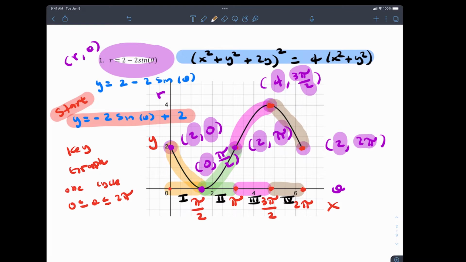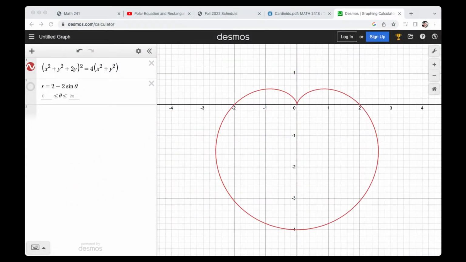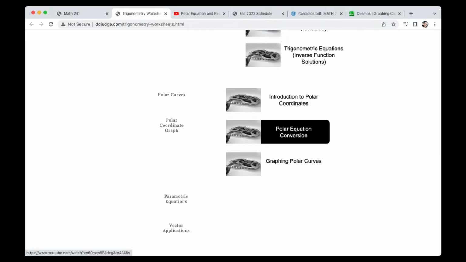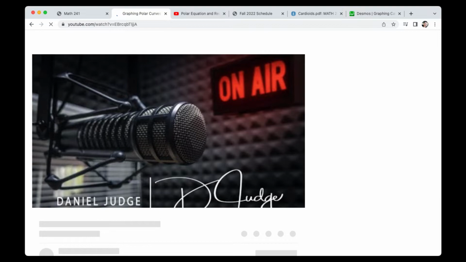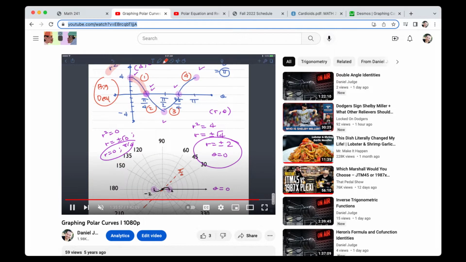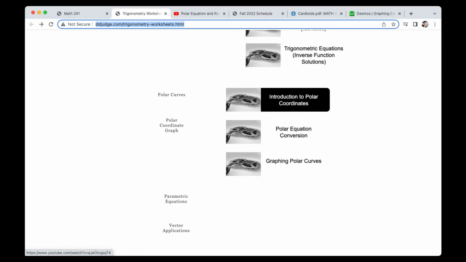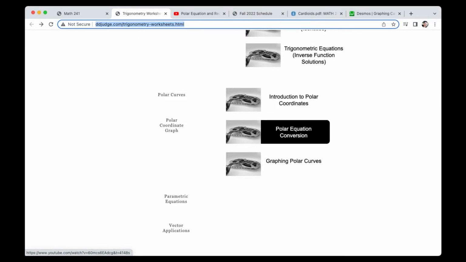Now, if we go back to my website, you say, Mr. Judge, I am so excited by what we learned today. Hopefully. Worksheets and videos. I do have at the very end there graphing polar curves. You say, how much time did I spend graphing polar curves? Well, we got some how to do that, how to do some more. Now, we're going to continue tomorrow. Polar coordinates, polar equation conversion.